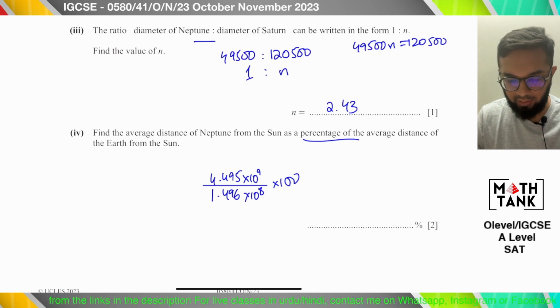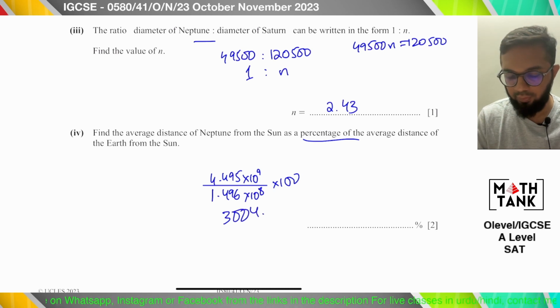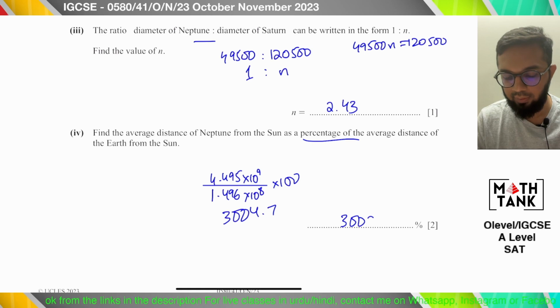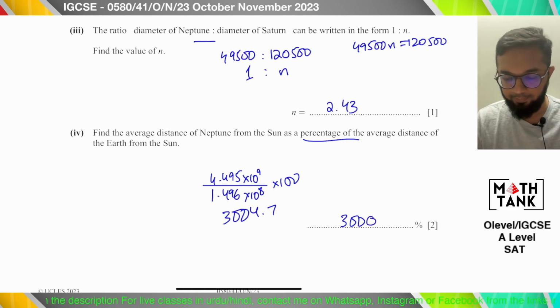I'm just putting that on my calculator, and that's coming out to be 3004.7. So I'm going to say that it's three significant figures, 3000%.